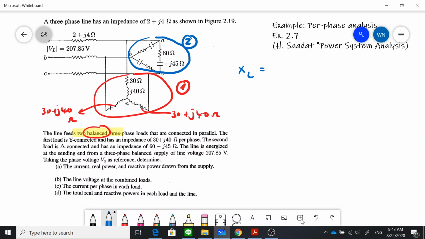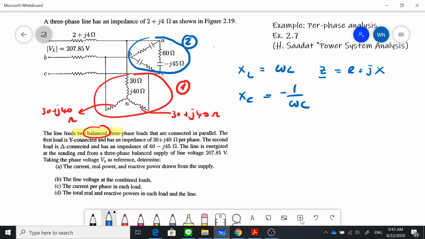Can you still recall that the reactance of the inductance, which we call inductive reactance, is XL equals omega L, and XC is negative 1 over omega C? You shouldn't get confused with the C. When we say Z is equal to R plus jX, the X here is just the imaginary part of the complex number.